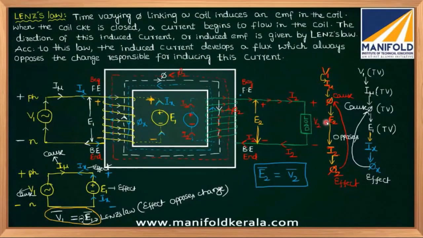It's a load voltage, not a source voltage. I don't have any current because of V2 which is opposing your I2, just like in the primary side Ix is opposing I mu. That's why simply E2 equals V2 only you should write.